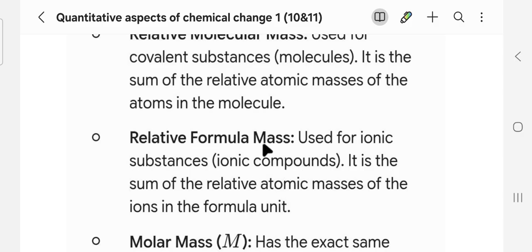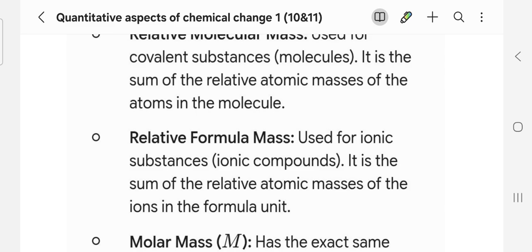So relative formula mass in simple terms is the sum of relative atomic masses of the ions in the formula unit. Okay, so when it comes to covalent substances, we have a molecule. When it comes to ionic substances, we have a formula unit. So those are the differences, guys.